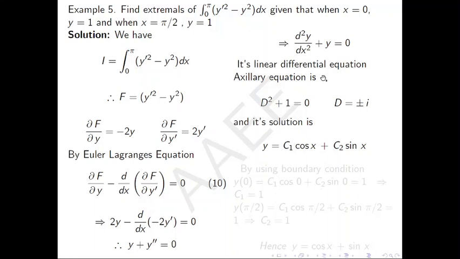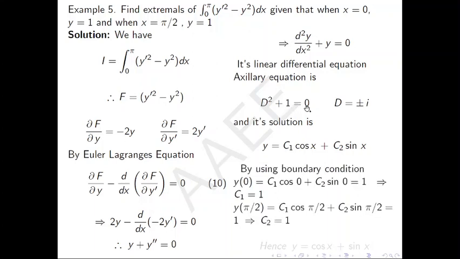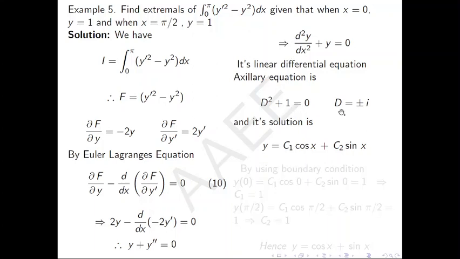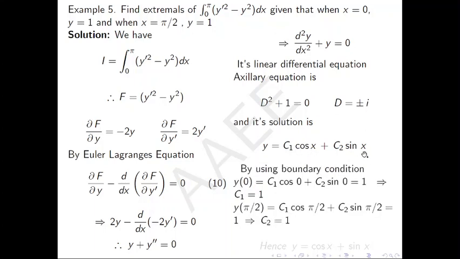To find the solution, let us start from the auxiliary equation. So it is D square plus 1 is equal to 0, and the roots of the auxiliary equation are plus or minus i, and its solution is y is equal to c1 cos x plus c2 sin x. By using boundary conditions, y of 0 is equal to c1 cos 0 plus c2 sin 0 is equal to 1, which implies c1 is equal to 1, because cos 0 is 1 and sin 0 is 0.